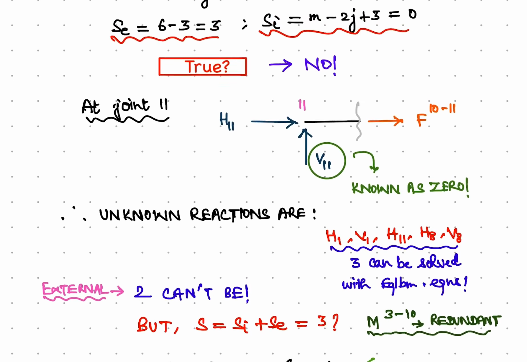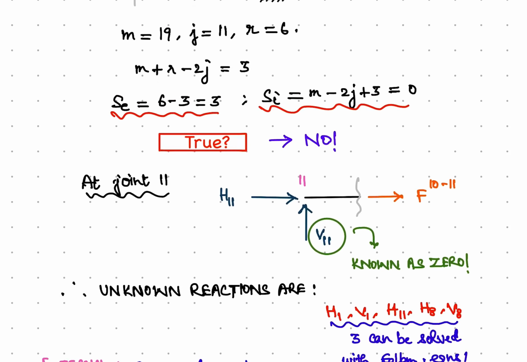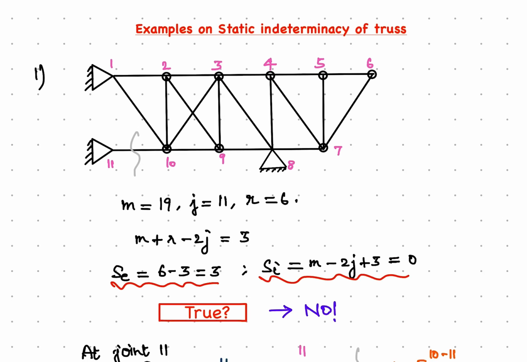Right? So we see that the external indeterminacy is 2, and the formula gave us a value of 3, which means probably one internal indeterminacy exists, and this is in this particular panel itself. Fine. So one can remove this particular member connecting joints 3 and 10 or the member connecting joints 2 and 9.